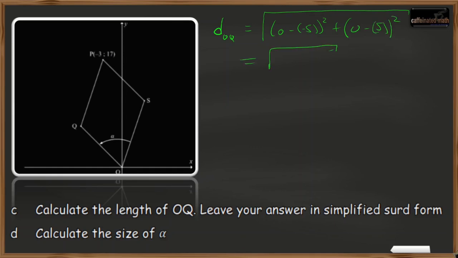Well, assuming the square root of 25 plus 25, which is equal to the square root of 50, which I can rewrite as the square root of 25 times 2. Square root of 25 is just 5, and the square root of 2 remains square root of 2, and that is the simplified surd form.